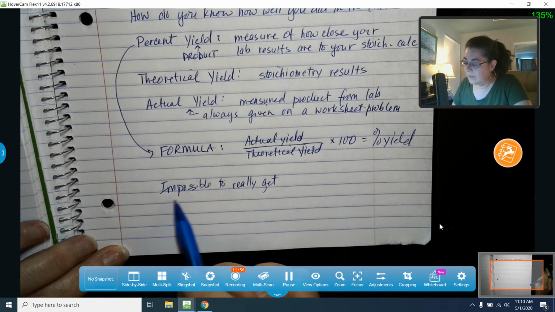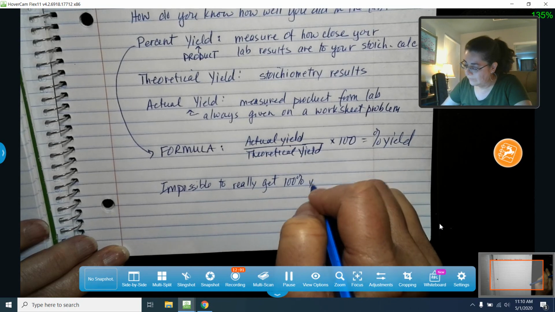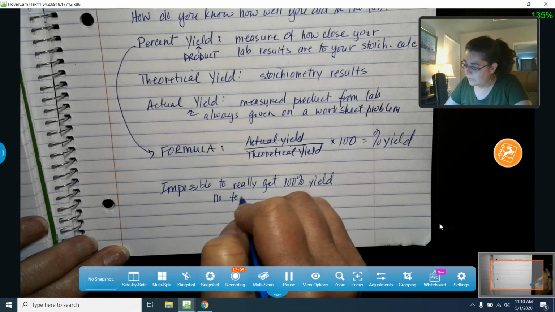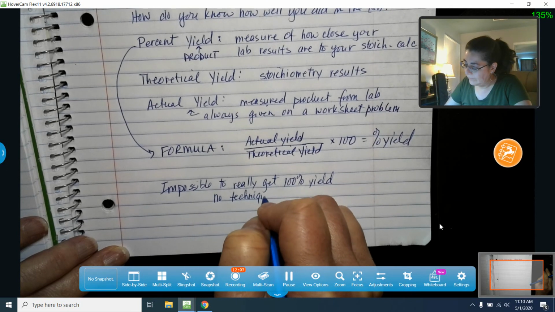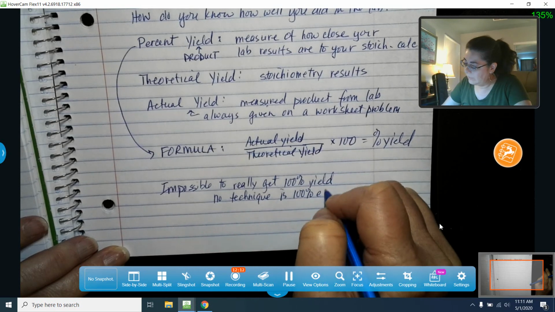It's really impossible to get 100% yield, because no technique is 100% effective.